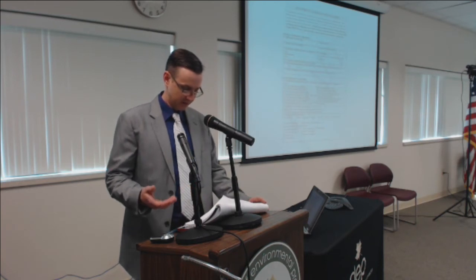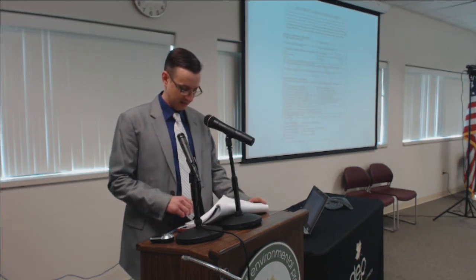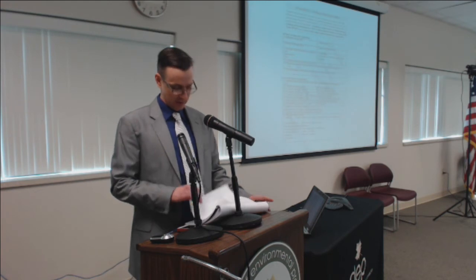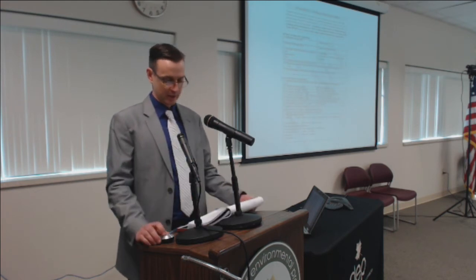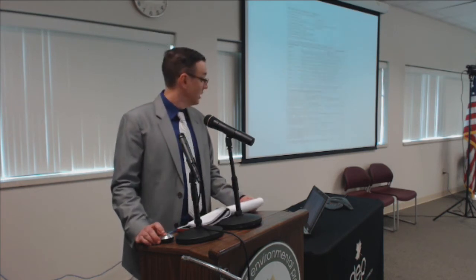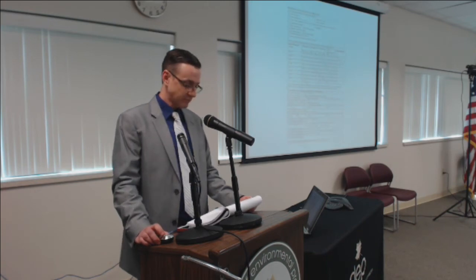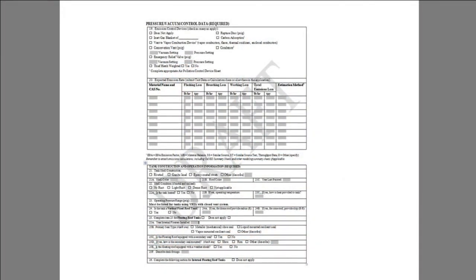It'll ask about the different dimensions of the tank, the capacity of the tank, and what type of tank it is. And then on page 16, it talks about whether there are any emission control devices associated with the tank. Include what your expected emission rate of the tank is and your emission method used.